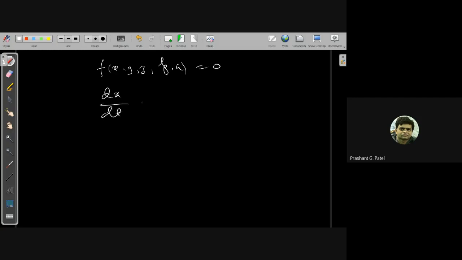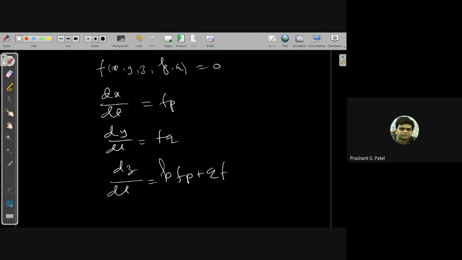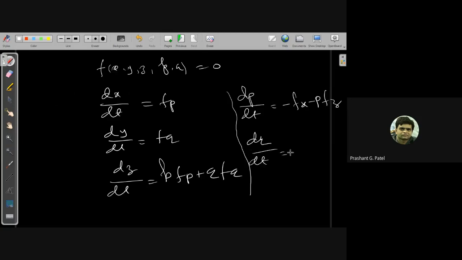dx by dt that we got from the equation number 8, it is fp. dy by dt it is fq. dz by dt it is pfp plus qfq. The other two we have just now got: dp by dt is minus fx minus pfz, and dq by dt is equal to minus fy minus qfz.